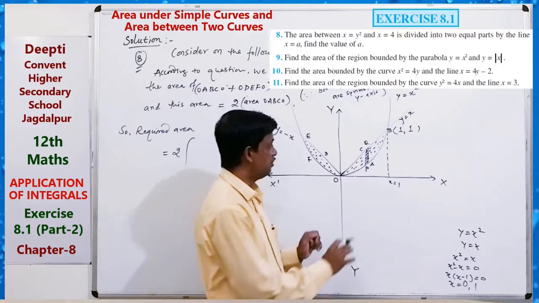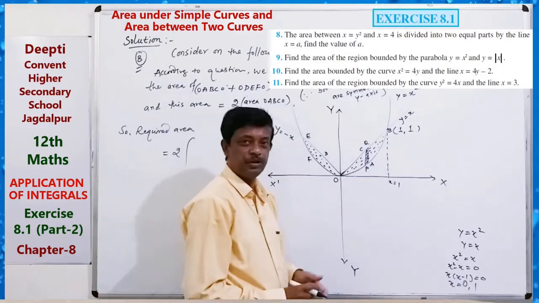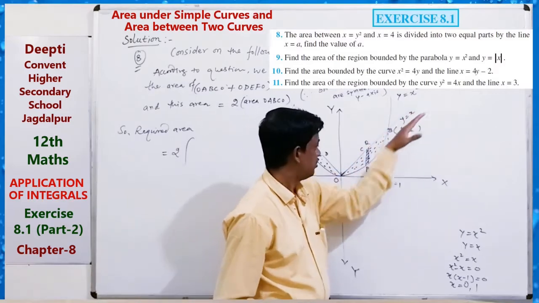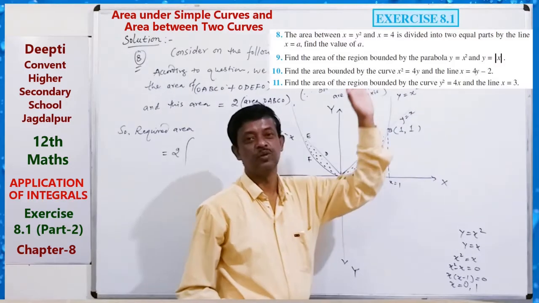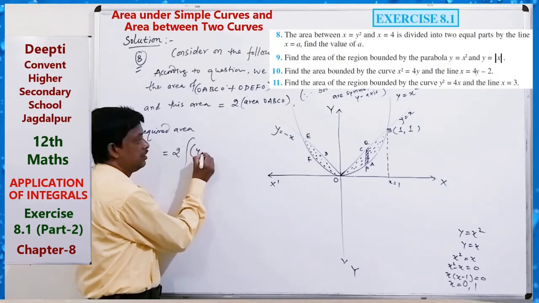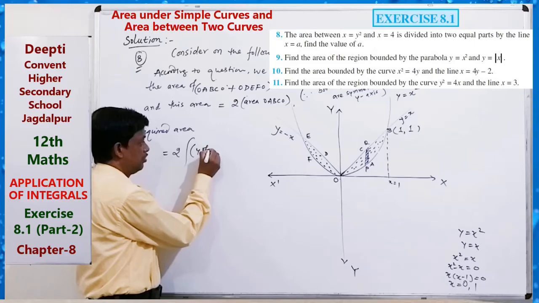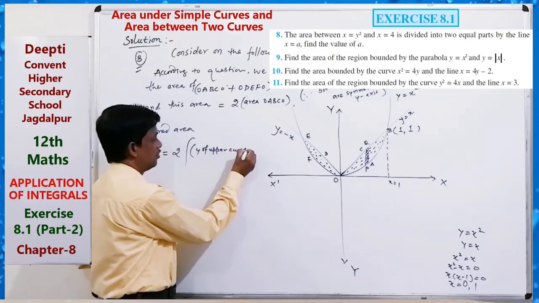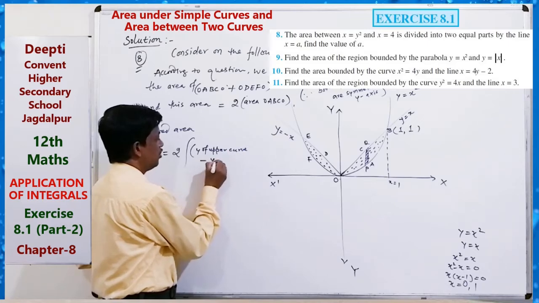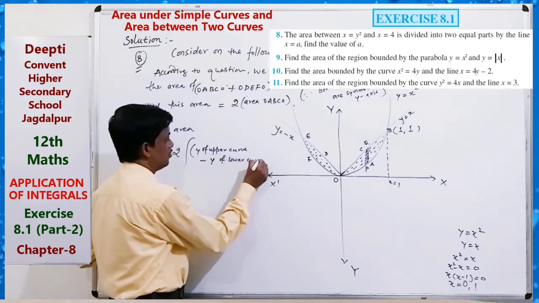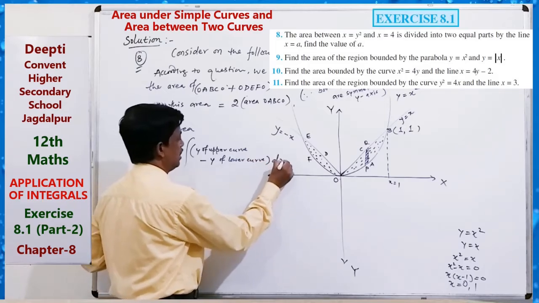Here, for finding the value of y, we have to take y from the upper curve minus y from the lower curve, dx.